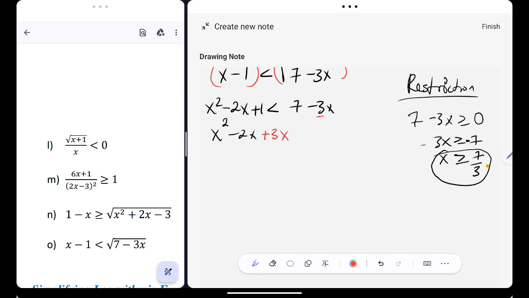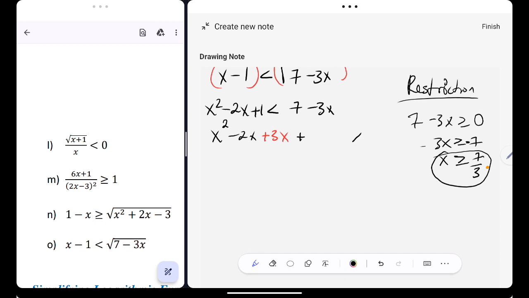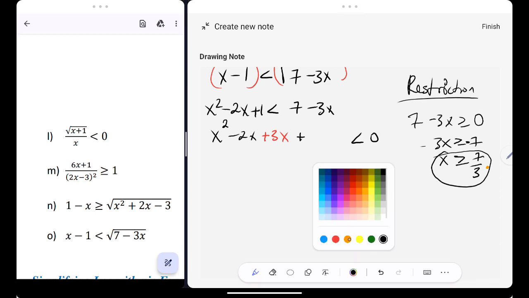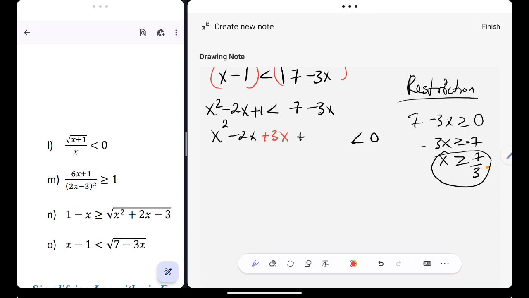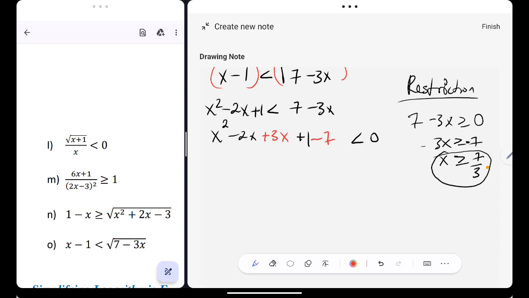This will change the sign whenever it moves to the other side, and then I'll have plus 1 and then minus 7. It will change sign. Everything is on the left hand side and then 0 on the right hand side.